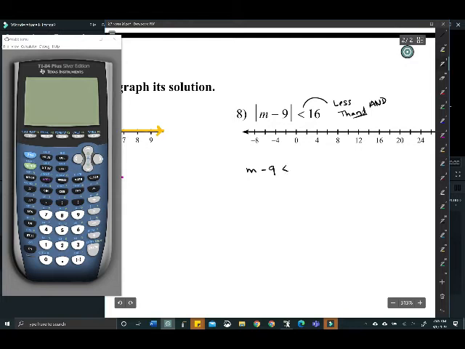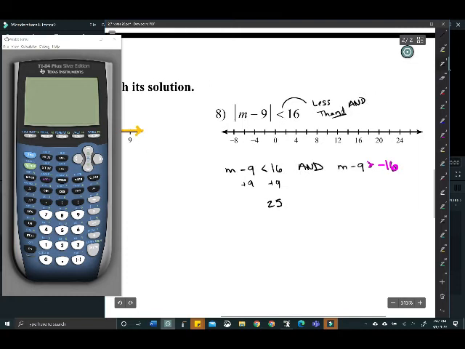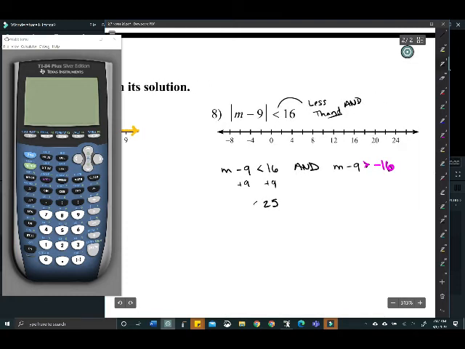So m minus 9 is less than 16 and m minus 9 is greater than negative 16. So I did that double flip. From there, add 9, 25, is that it there? Yep, m is less than 25, sorry.